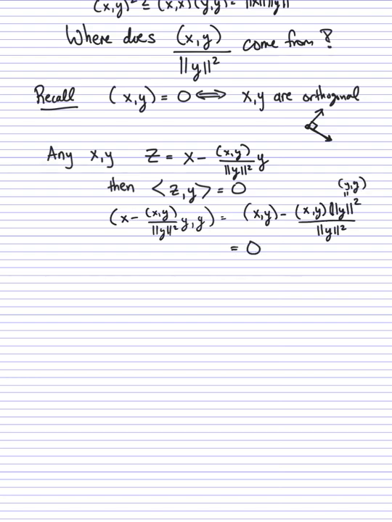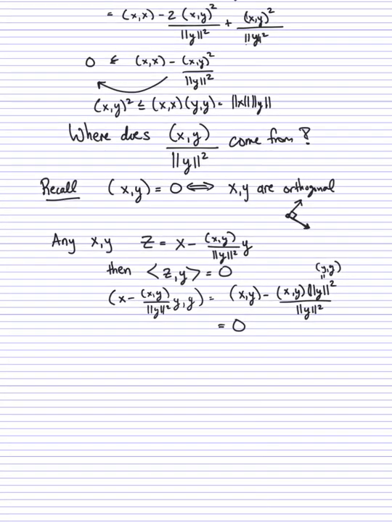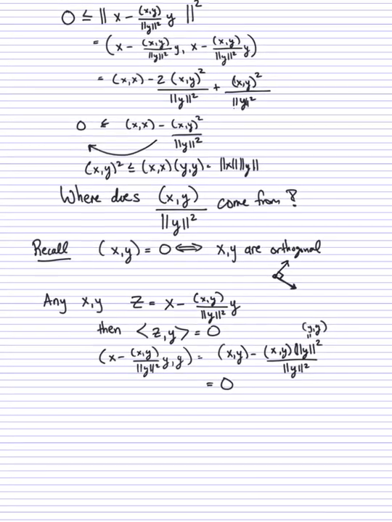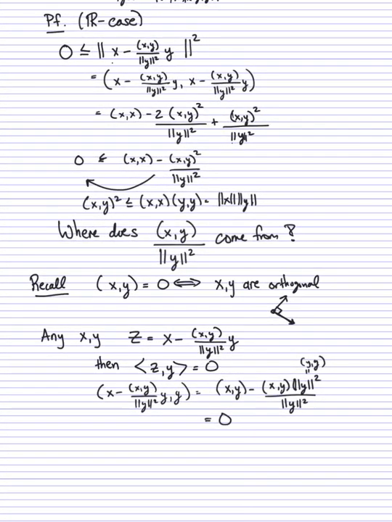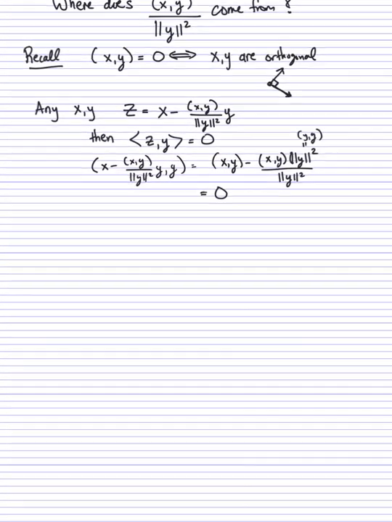So you get 0. In other words, the quantity that I was looking at is a vector that's orthogonal to y.